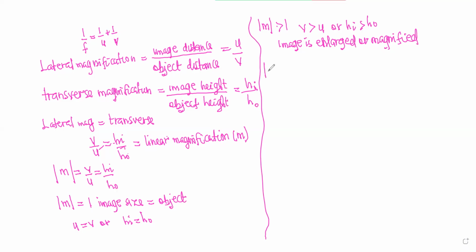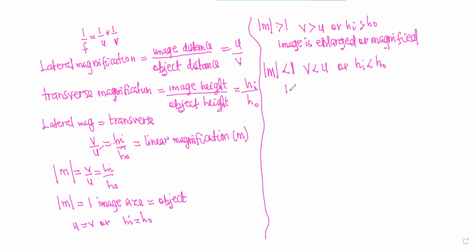If, on the other hand, this is less than 1, then it means that V is less than U, or HI is less than HO.